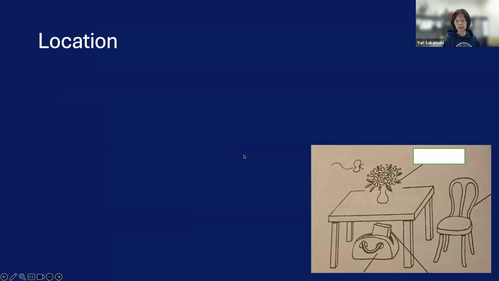And there are things here. So if you are to complete this sentence, hana are flowers. So can you explain where flowers are? You probably want to say it's on the table or the desk. Let's use the word desk, tsukue.